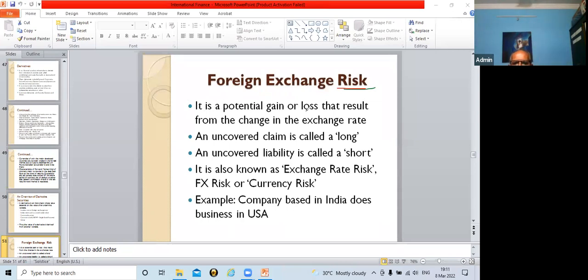It is a potential gain or loss that results from the change in the exchange rate.